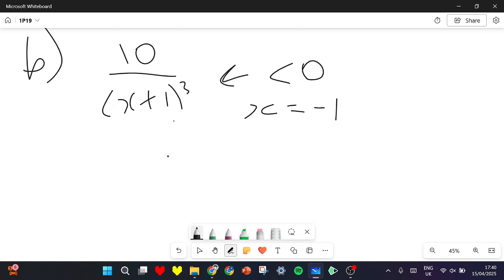So what you could do is plug in a number that's slightly less than -1, like -1.1, and then a number that's a bit above -1, like -0.9. Put these numbers in for x and then see what you get.